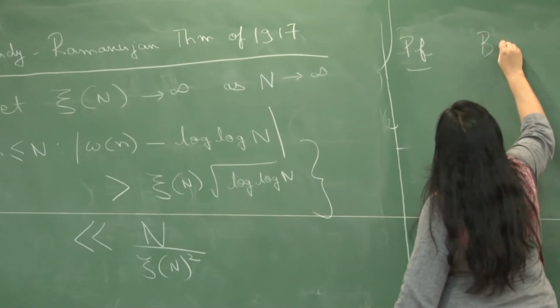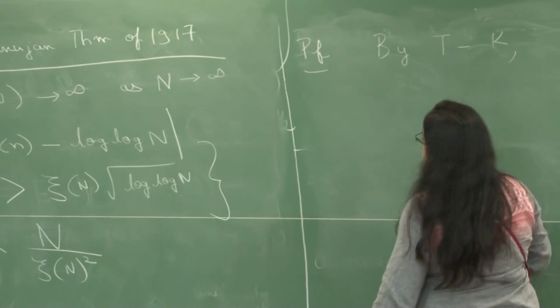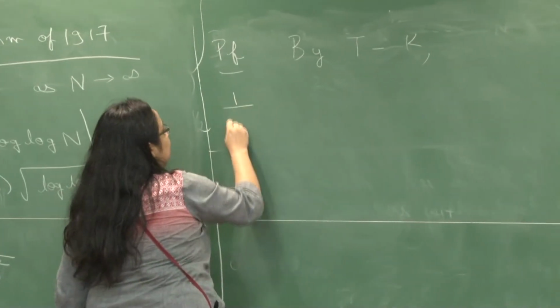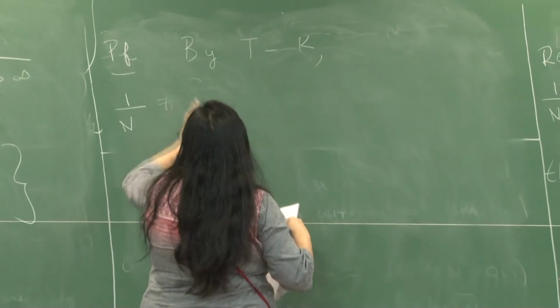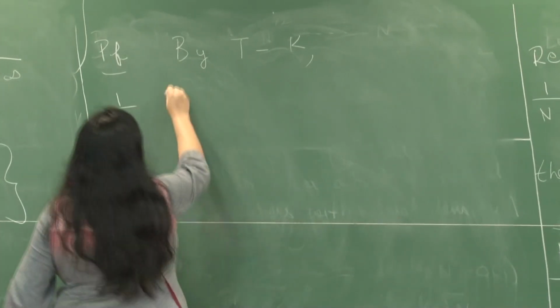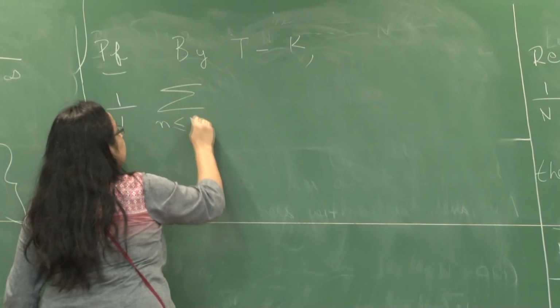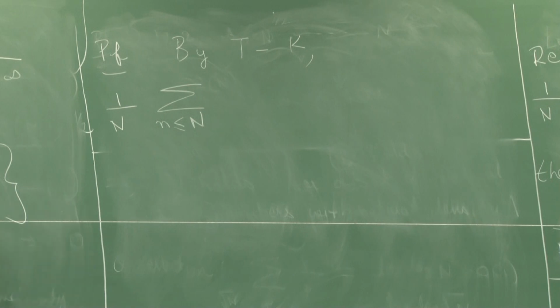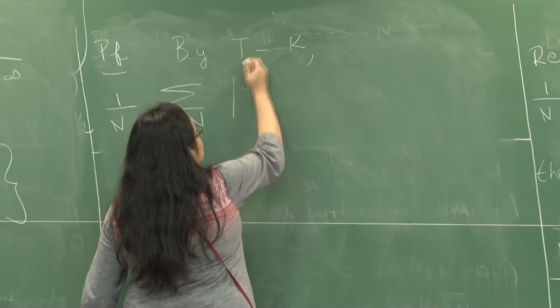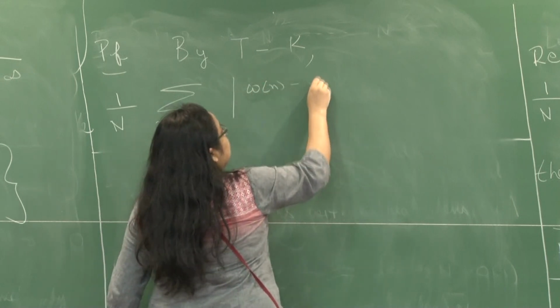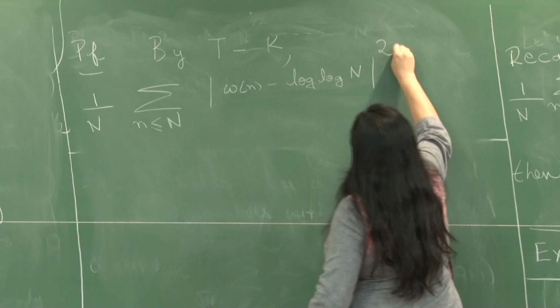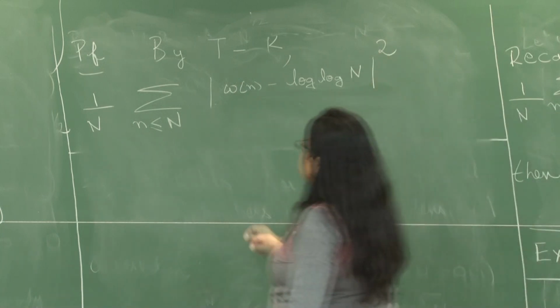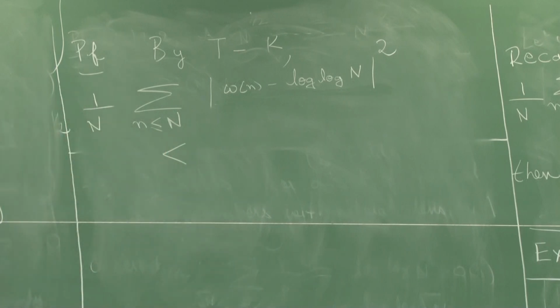By the Turan-Kubilius inequality, what we have is that 1 over capital N, if you take summation n less than or equal to capital N, absolute of omega of n minus log capital N, apply it as we had stated it, this is less than or equal to some constant times log n. So this is less than.